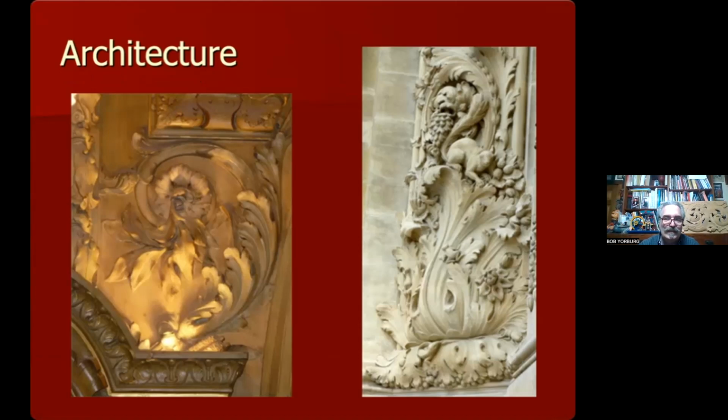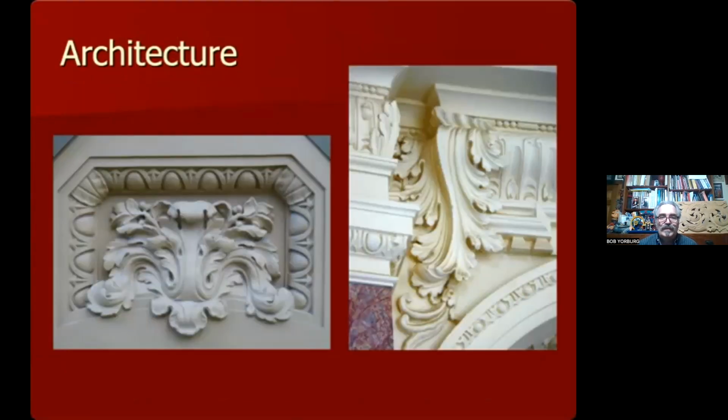There's acanthus leaves. You can see flowers and leaves and the squirrel emanating from the acanthus. You can see it in ceilings, in archways, just about anywhere you look, you'll find acanthus. And sometimes they're incredibly stylized. I'll go into the different versions in a moment, but let's push on.